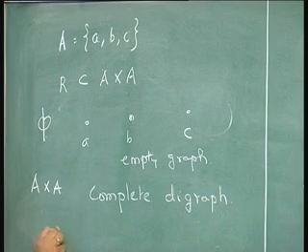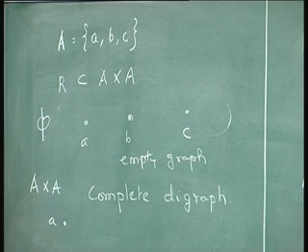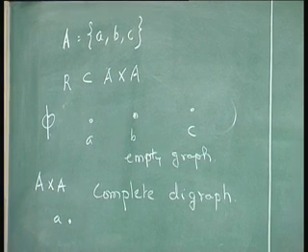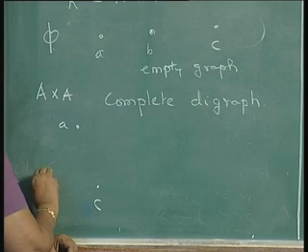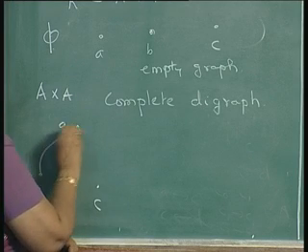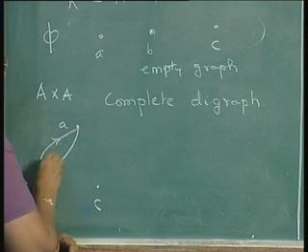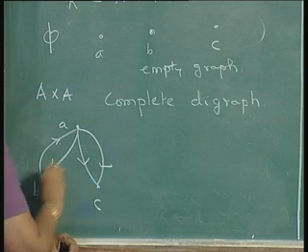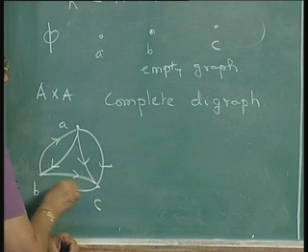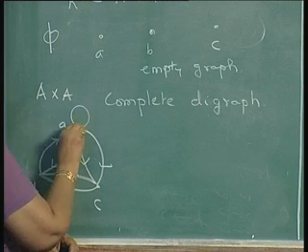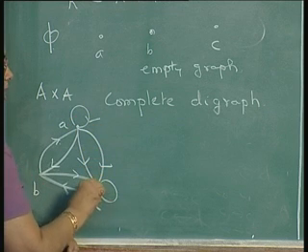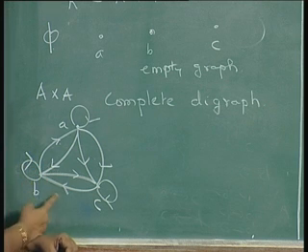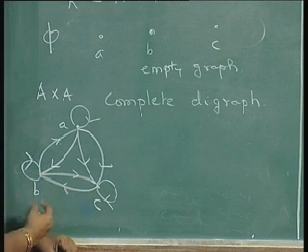For example, when you take A, B, C, all edges connecting any A to any B should be present there. Every node should be connected to every other node, including itself. So, this is called a complete digraph on 3 vertices.